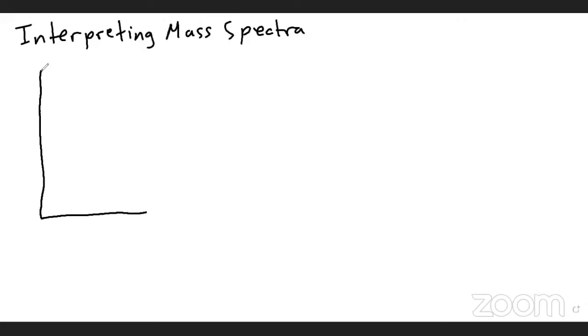So you will typically get a chart like this. And you have the relative abundance on this side.